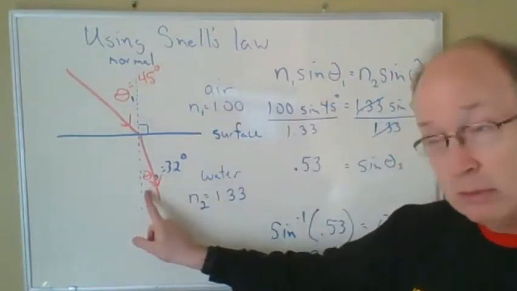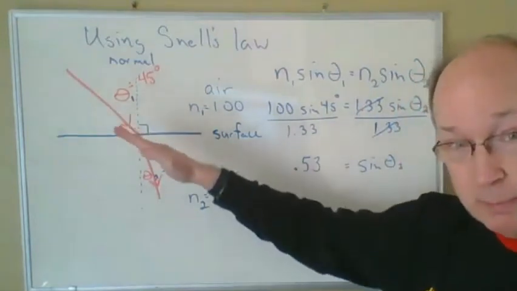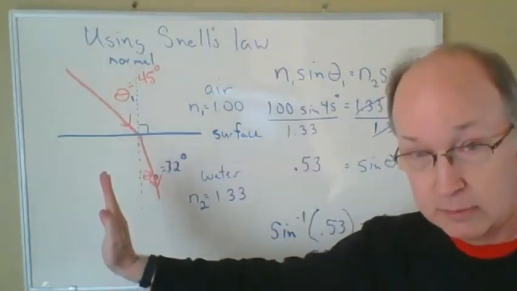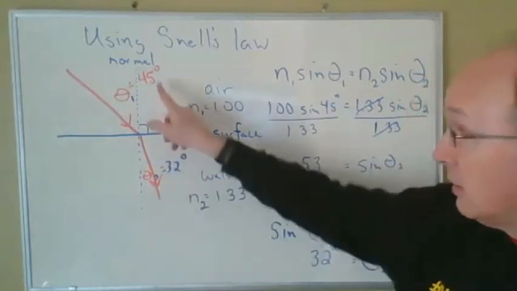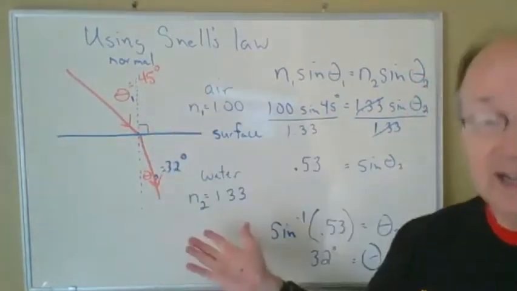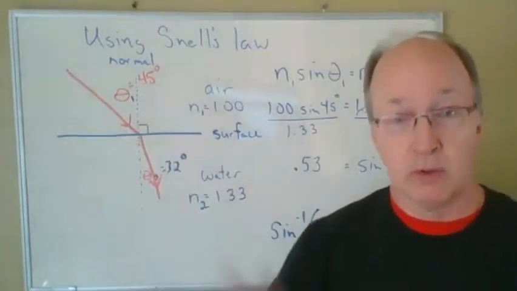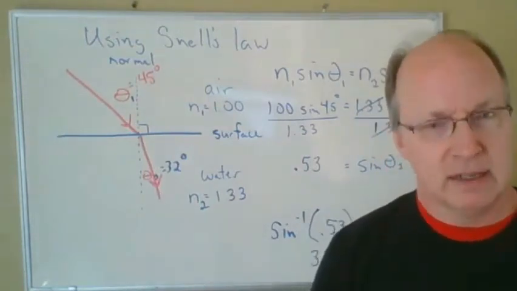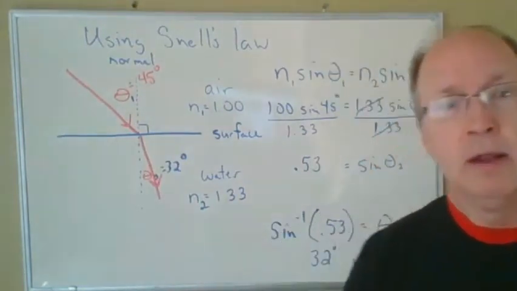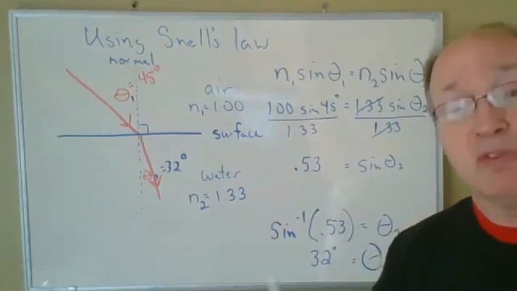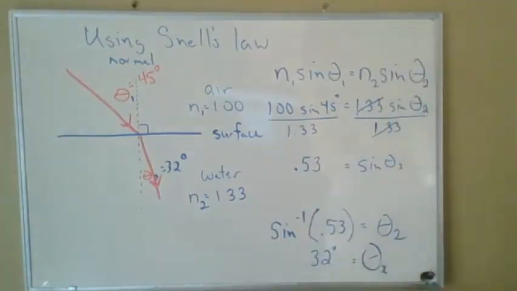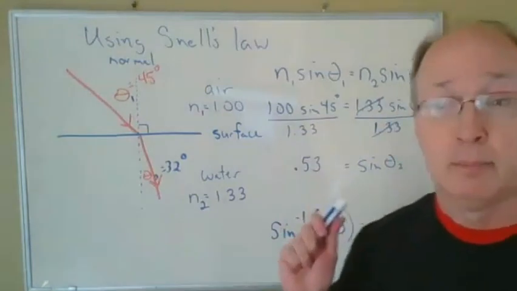So this angle has to be smaller than that one, because that's what bending towards the normal means. Is this angle smaller than that angle? It is. 32 is smaller than 45. So that makes sense. That should be reassuring that we did the problem right. But this is how you set up and solve a Snell's law problem.